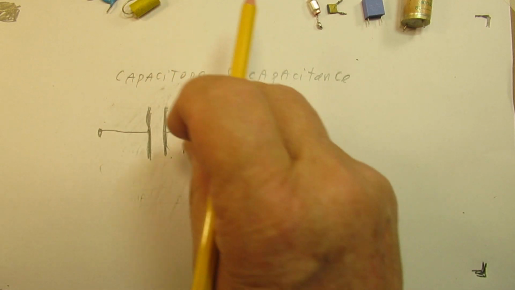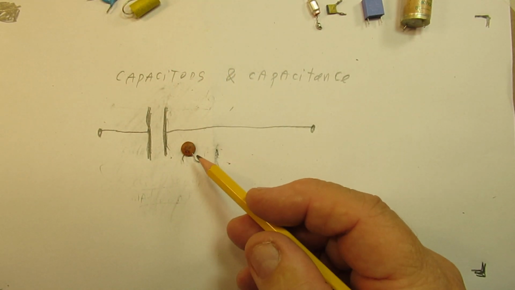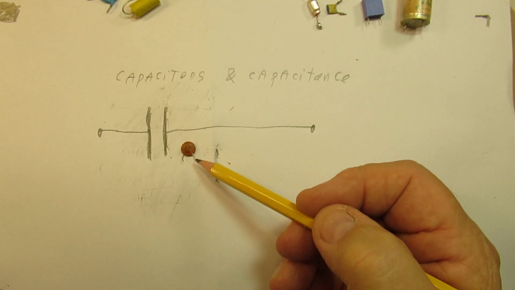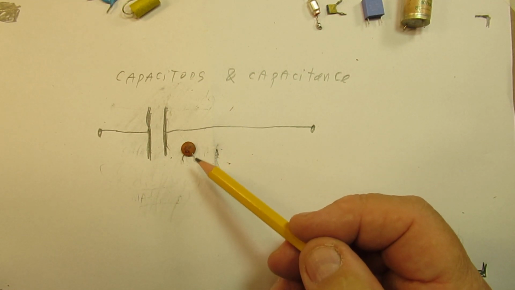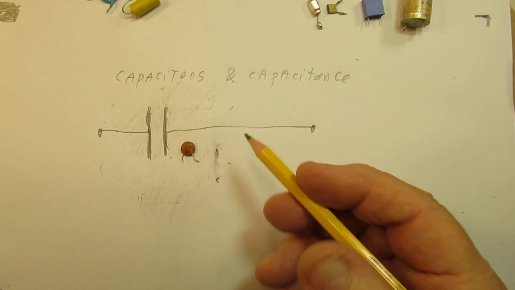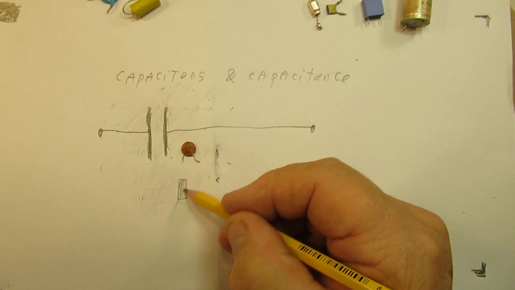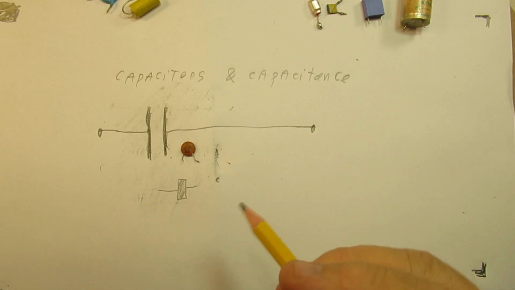This capacitor is 100 nanofarad. Well, why does it have such a high value when it is so tiny? That has everything to do with the properties of the ceramic material.